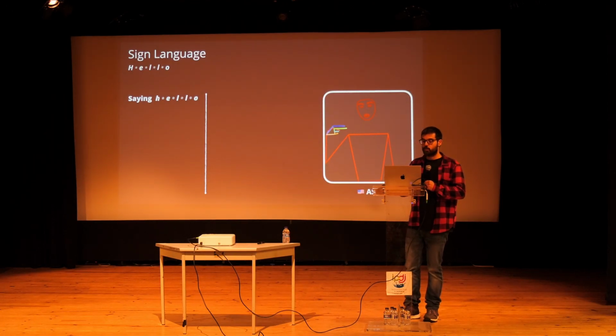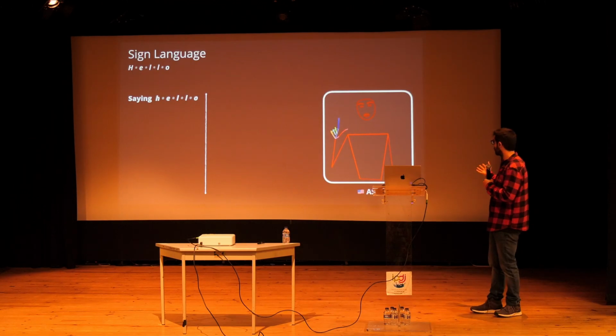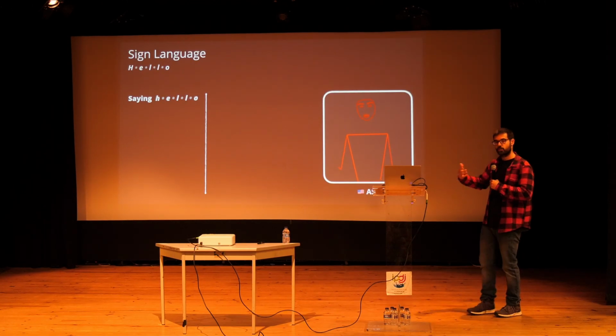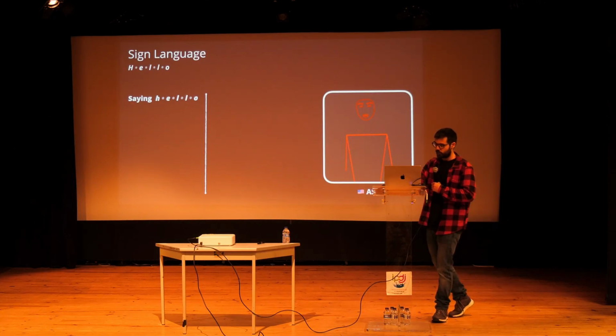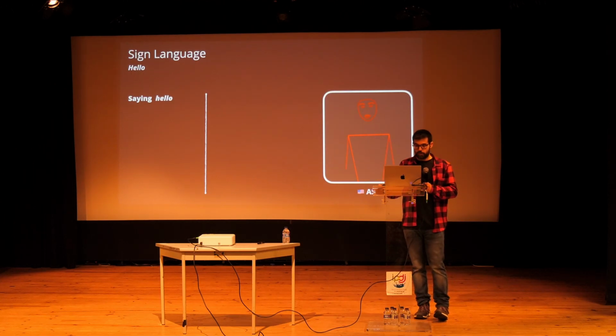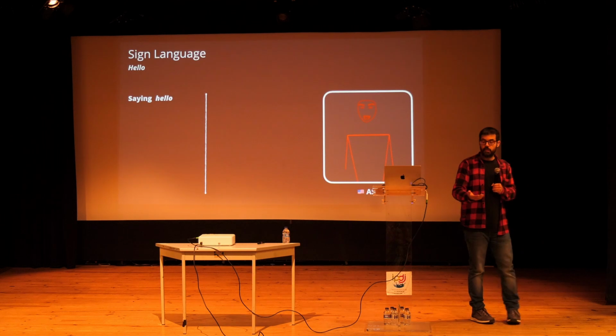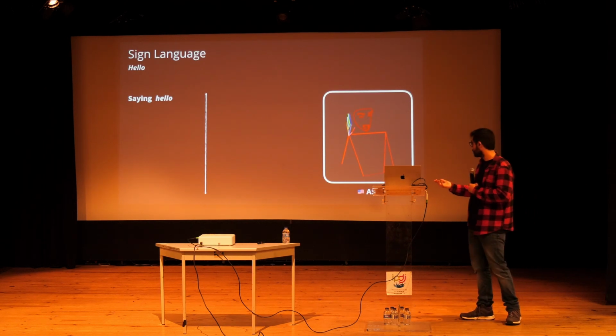So imagine that we want to say hello, and we didn't have a gesture for it. We will do something like this. We're going to use each one of the letters in order to say the word hello. So we will do this for H, for E, for L again, and finally for O. However, since this is a word used quite commonly, there's also a gesture for it.